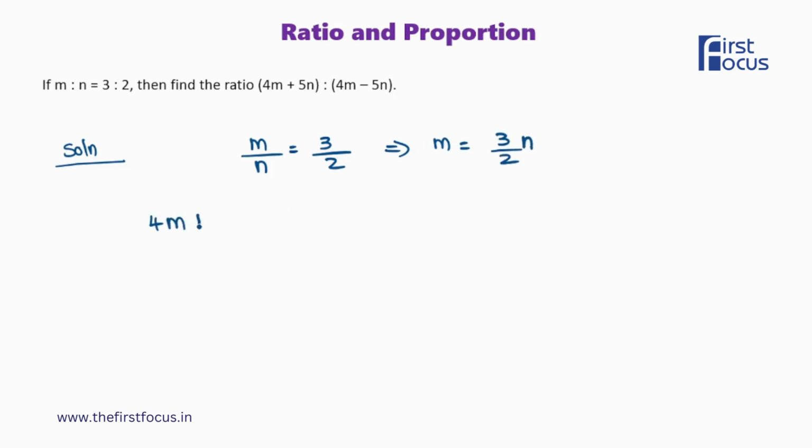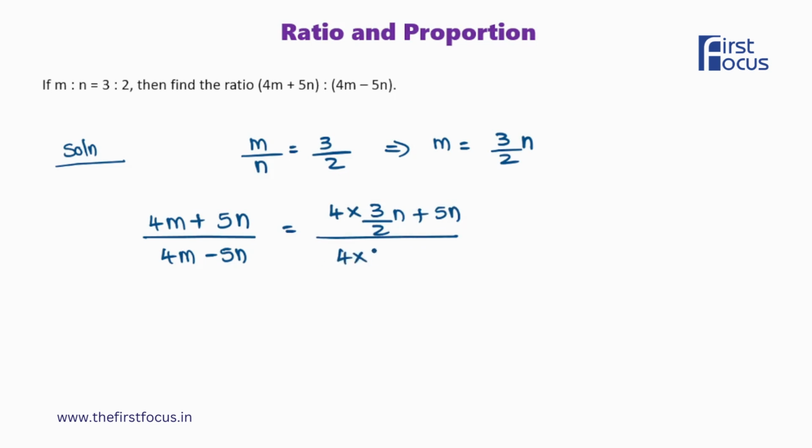We have to find the value of 4m plus 5n divided by 4m minus 5n. On substituting the value of m in this, we get 4 into 3 by 2n plus 5n, over 4 into 3 by 2n minus 5n.